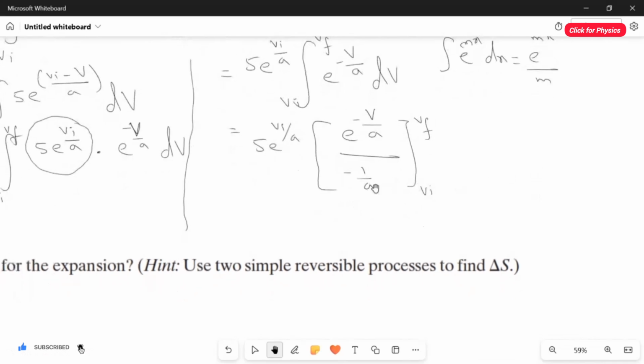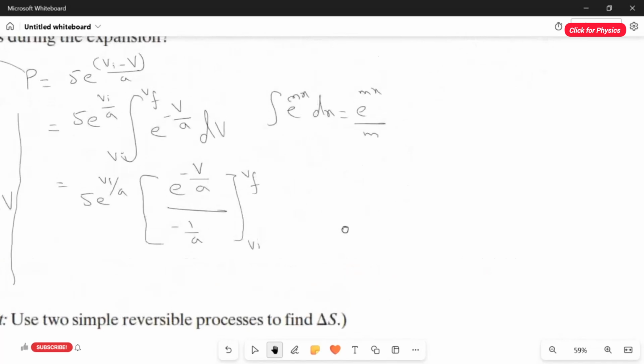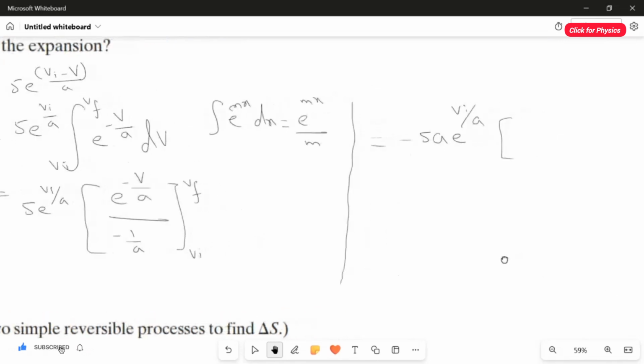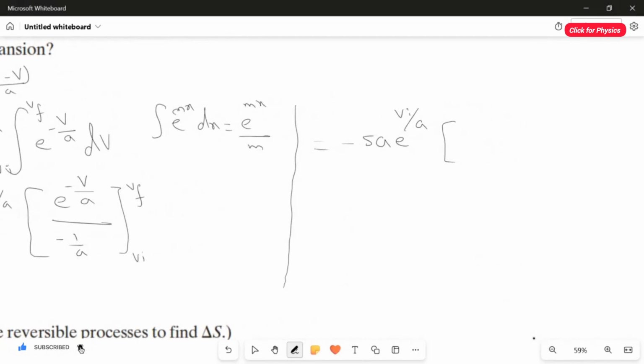So now this A will go to the top, minus A we can take it outside. If you take minus A outside, what you will get? This equation: minus 5A e power vi over a. What I did, I took this part outside. And what is inside? Inside we have the term, after integrating that part, we got e power minus caps V over a.